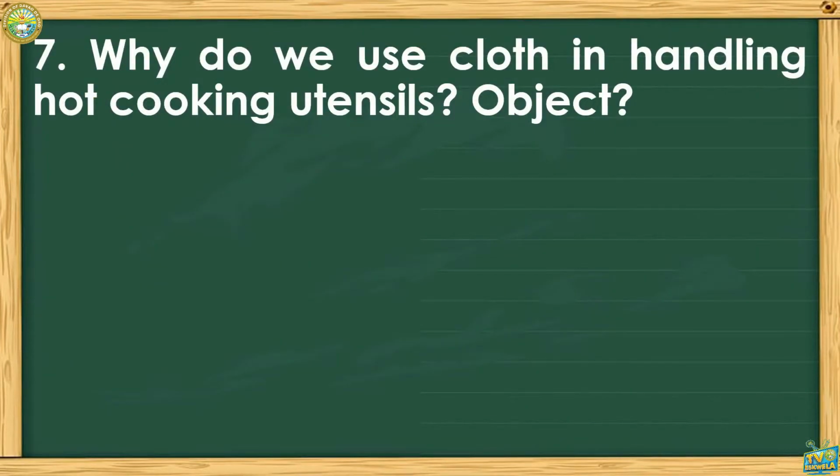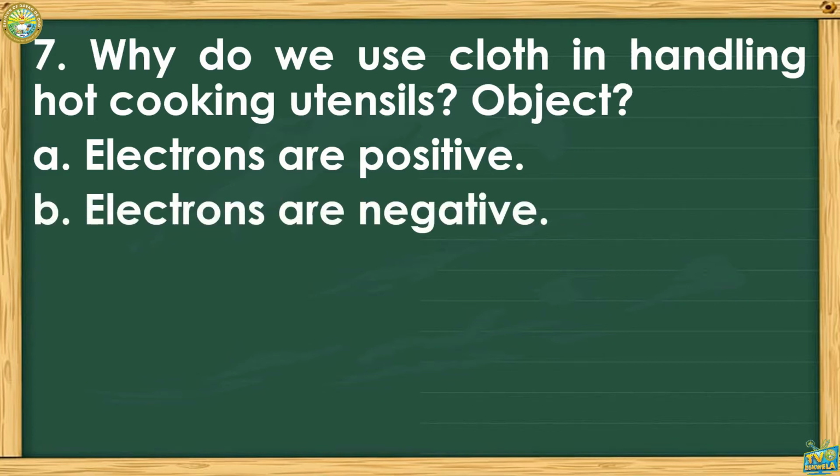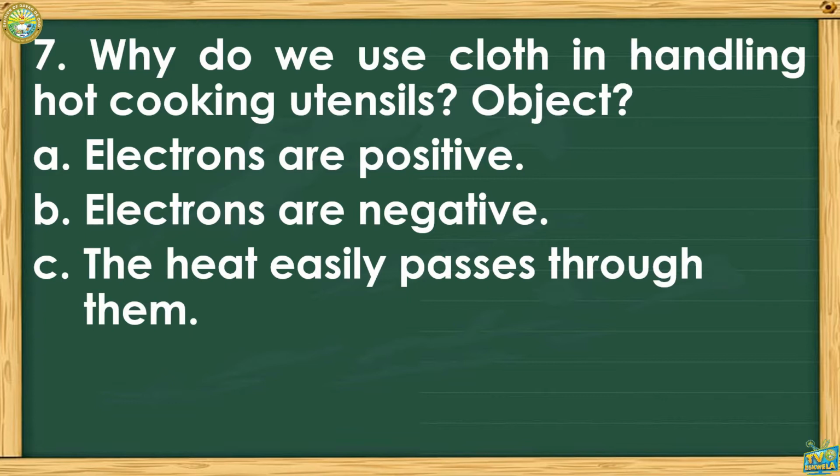Number 7. Why do we use cloth in handling hot cooking utensils or objects? A. Electrons are positive. B. Electrons are negative.